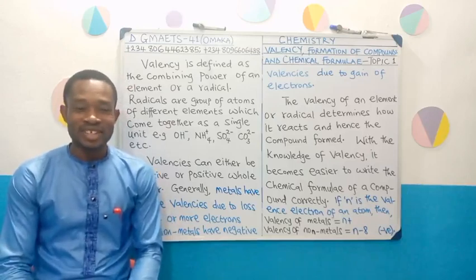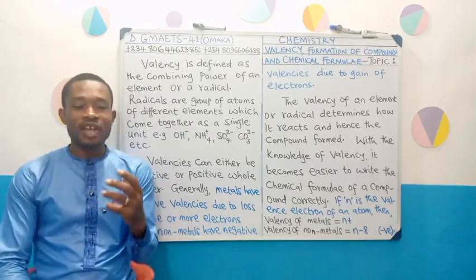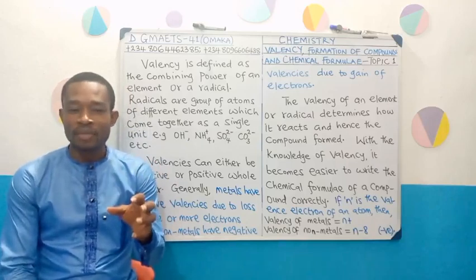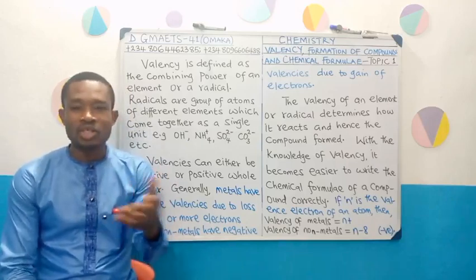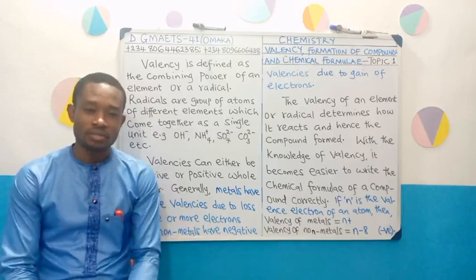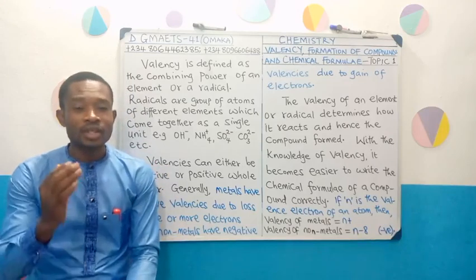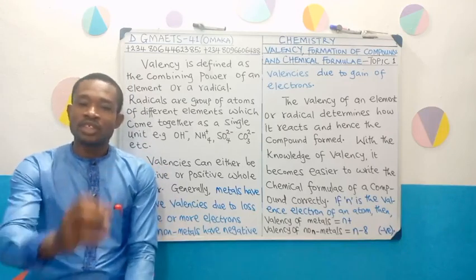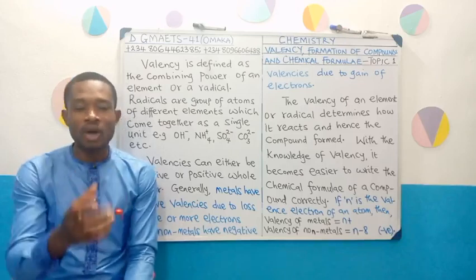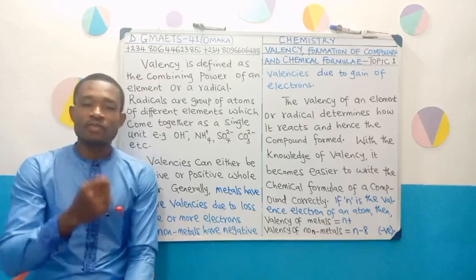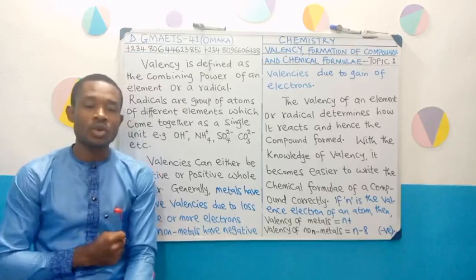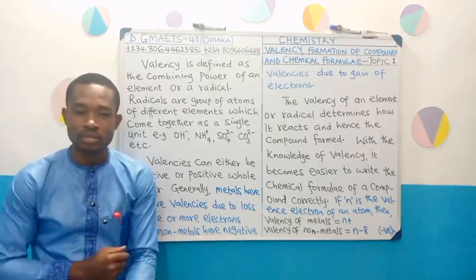You see, friends, the issue of writing chemical formulas correctly has been a greater challenge for students. And of course, without having a knowledge of how a chemical formula is written, it becomes difficult for us to even balance a chemical equation.